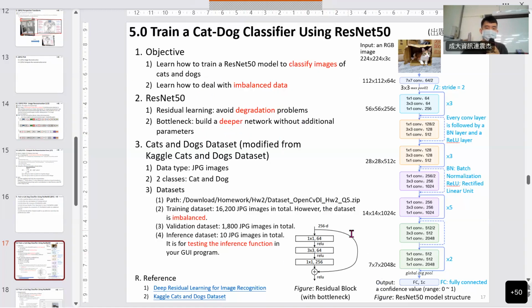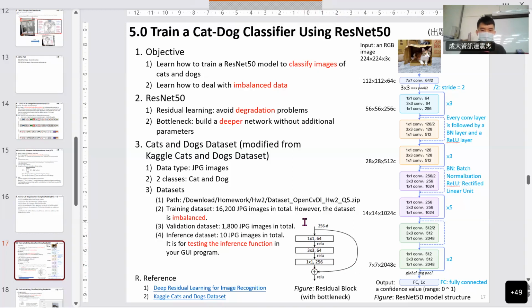This is a residual block, and you can see we have convolutional layers and a shortcut. This arrow is the shortcut. The input feature maps can be passed through this shortcut and combined with the feature maps extracted from the convolutional layers. After combining them, we can help avoid the degradation problems.